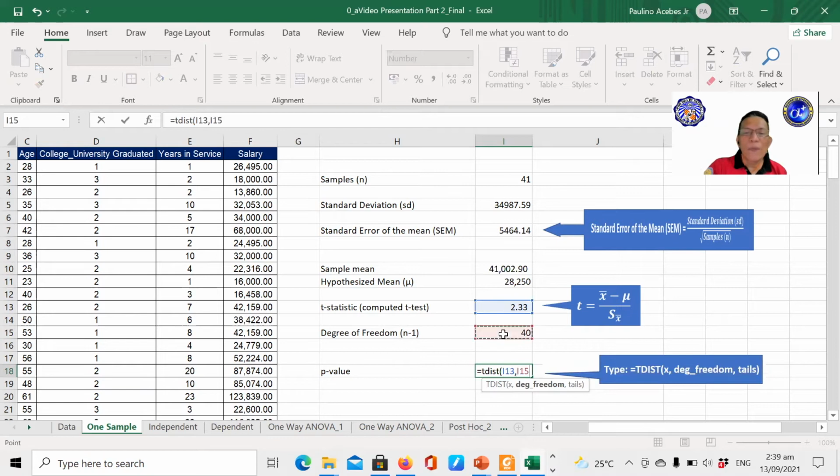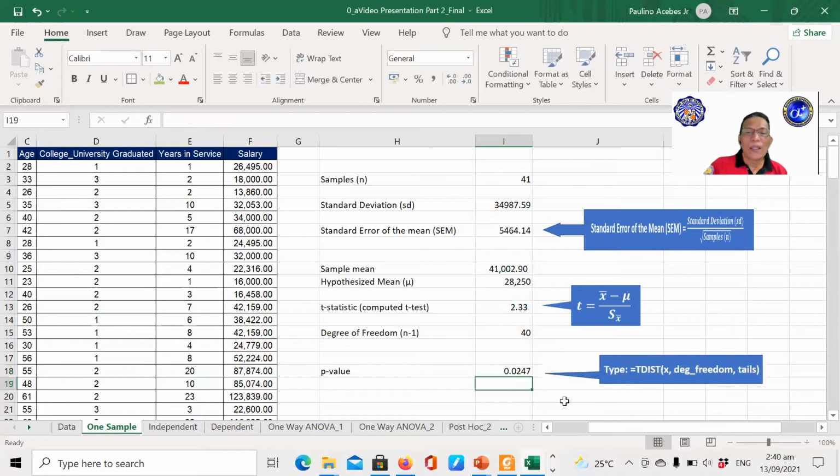The degree of freedom is 40, comma, and we have two tails since we do not know whether the salary in Zamboanga City is greater than or less than the population. We do not know that. So for the sake of this, we are going to use the two-tailed distribution. Close parenthesis, enter. You notice that the p-value here is 0.0247.